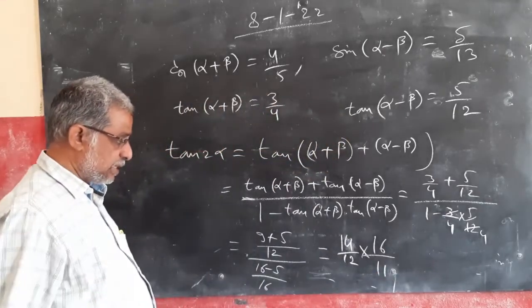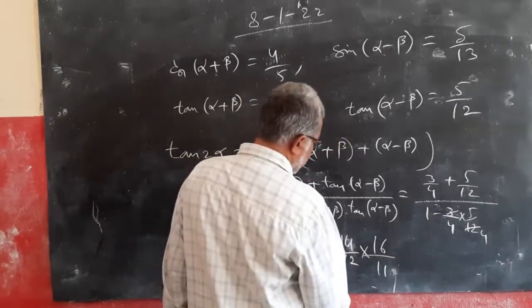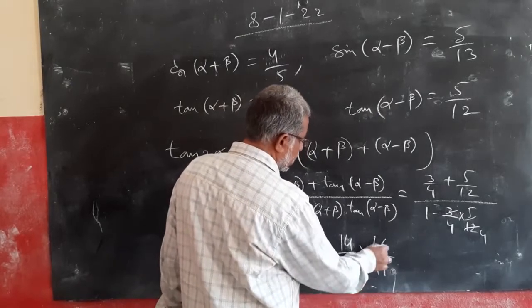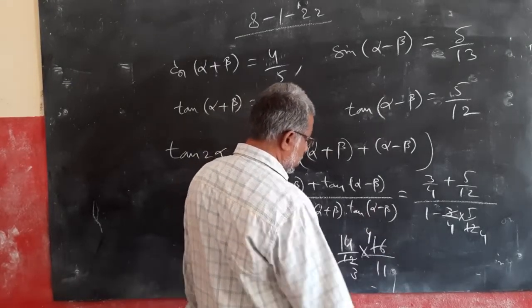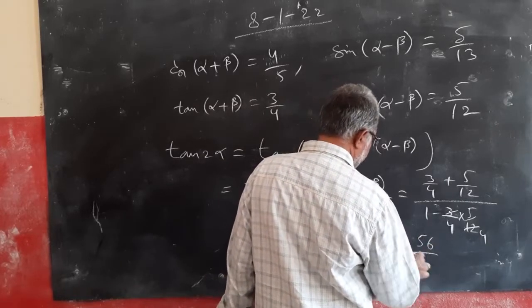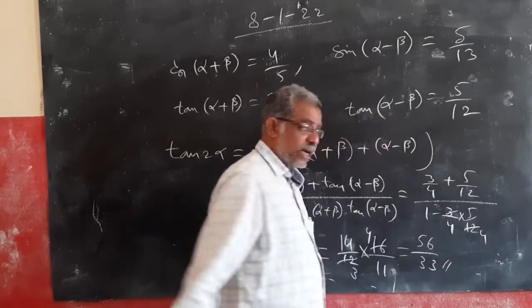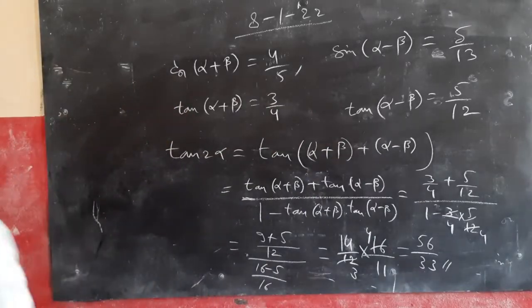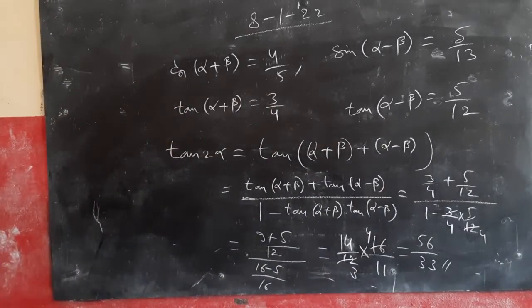So if I cancel, 4 3s are 12, and this is 4 4s are 16, nothing more gets cancelled. That is 14 4s are 56 by 33 is our final result.